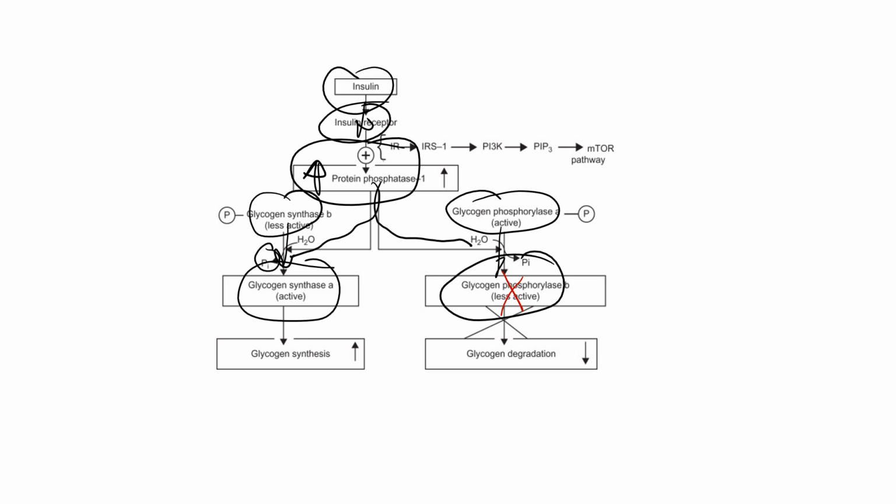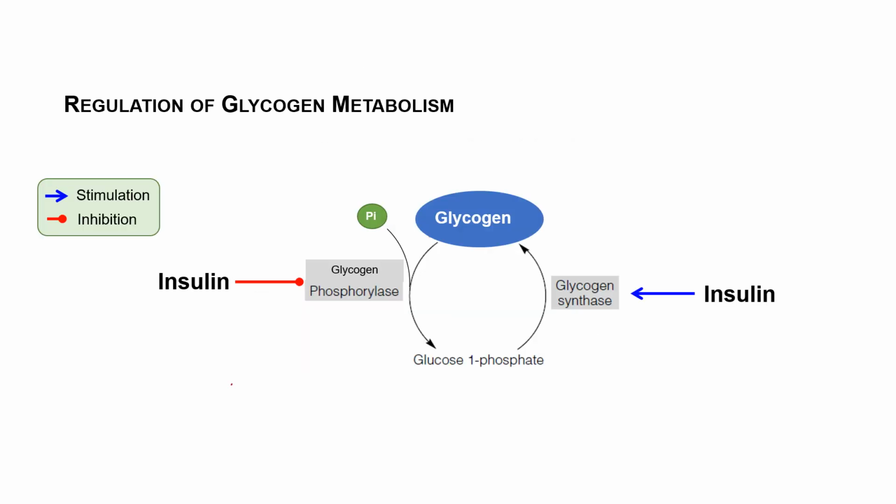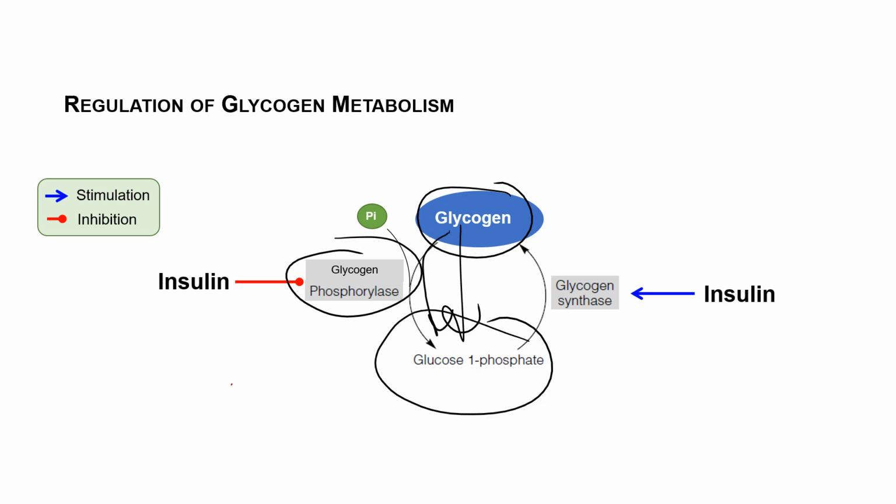Why would we want protein phosphatase to dephosphorylate glycogen phosphorylase and make it less active? Why, when insulin binds to the insulin receptor, would we want to knock out this enzyme, glycogen phosphorylase? That's a relatively easy question to answer because what glycogen phosphorylase does is it breaks glycogen down. It strips glucose molecules off of glycogen to recreate glucose 1-phosphate so that it can go back to being glucose 6-phosphate and used in glycolysis.